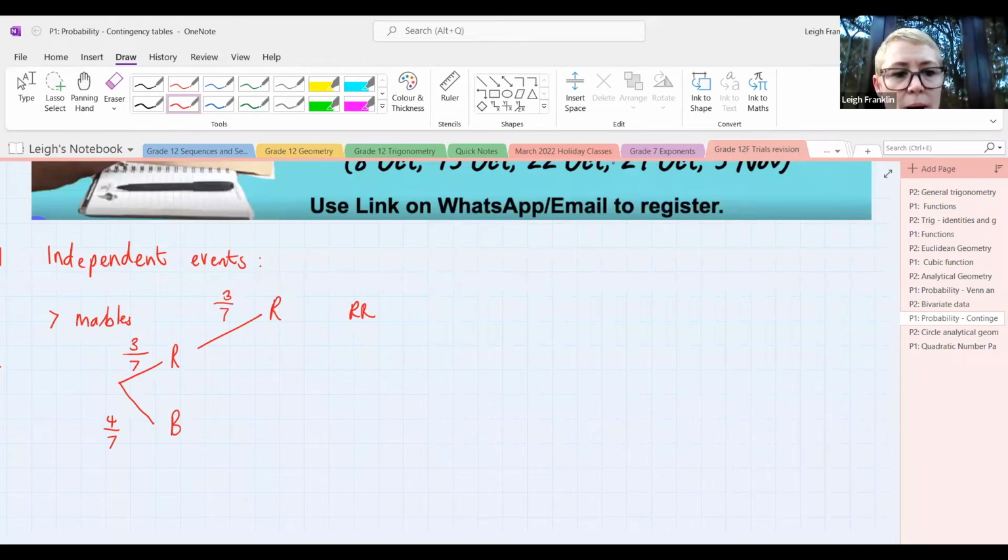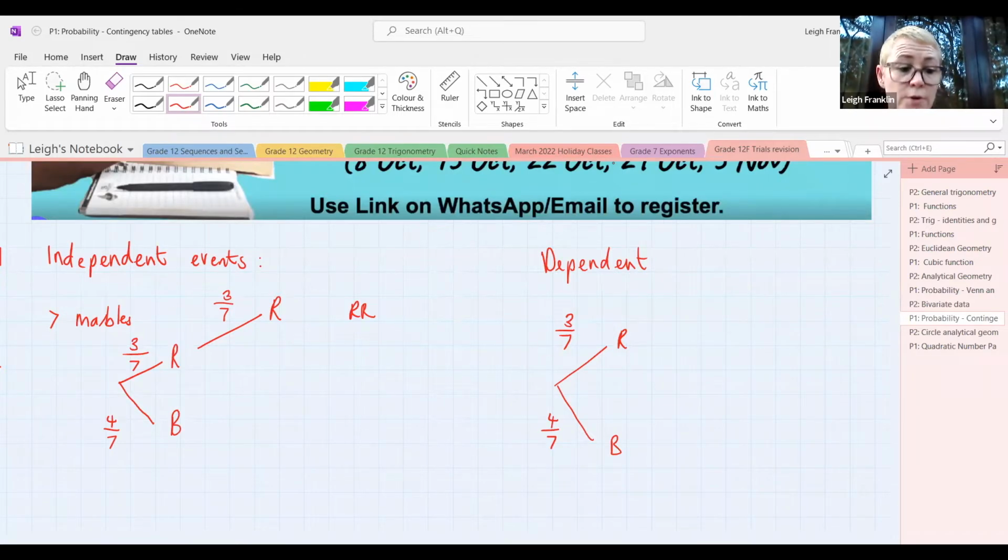If I'm talking about events that are dependent, then this would be a situation where, again, I've got 7 marbles, 3 red, 4 blue. The first time I put my hand in the bag and want to take out a red marble, I've got a 3 in 7 chance. But this time I don't put the marble back in the bag.